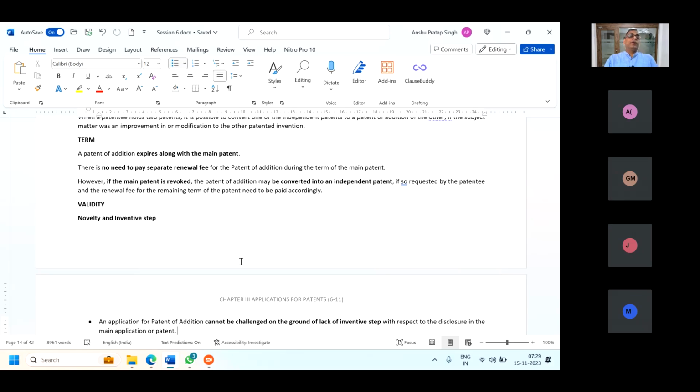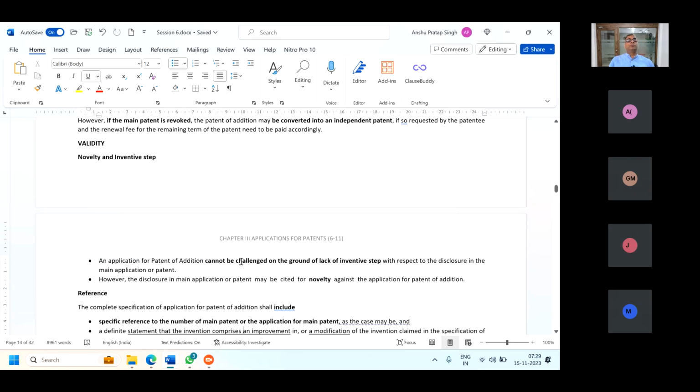Now, we'll talk about how the examination of a patent of addition is done. When we are looking into novelty and inventive step, what cannot be challenged is lack of inventive step with respect to the main application or patent.